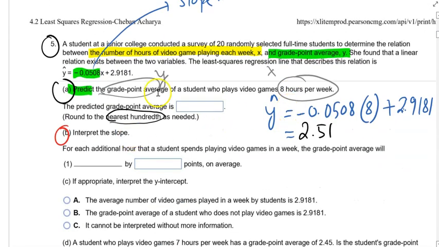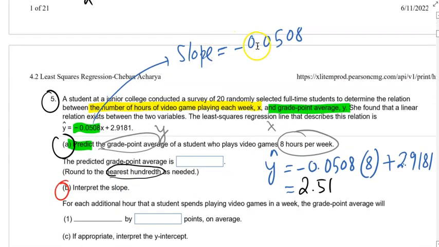And to interpret the slope, what do you mean by this number negative 0.0508? That means for each additional hour that the students spend playing video games each week, the grade point average will decrease by 0.0508 points on average.